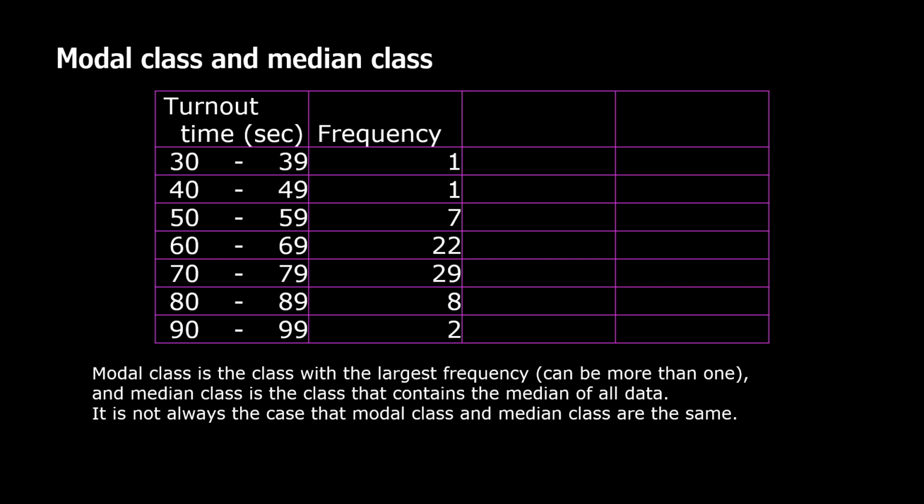A lot of times when you go to some published data, they don't give you the raw data. They just give you this table because it's more convenient to see. So you actually have to count from the least to the maximum. You have 9 elements between 30 through 59, right? And then up till 69, that's 9 plus 22, that's 31. So 31 values, going from least to maximum, lie before 70 through 79, right?